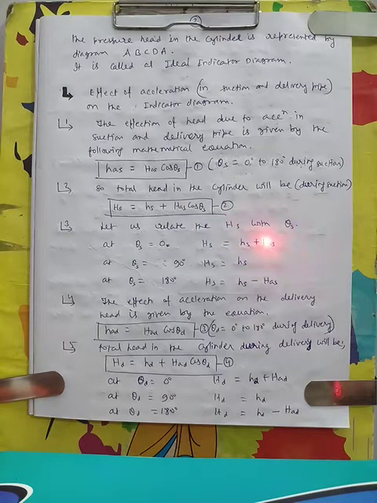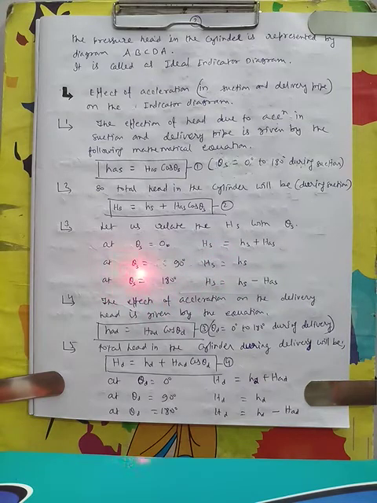This is the maximum value of the head addition due to acceleration. When theta is 90 degree, cos theta S is 0, so this quantity is 0 and the suction head is HS.